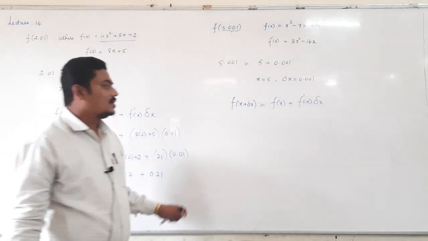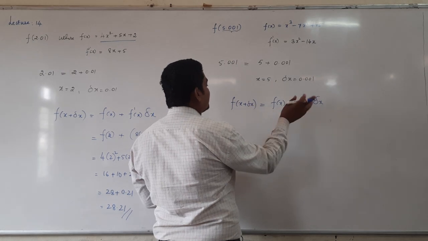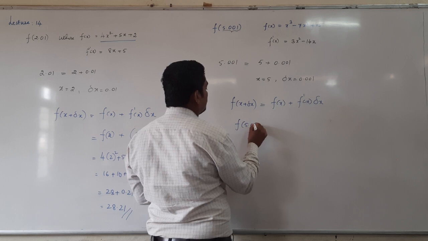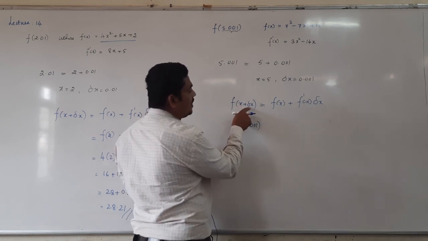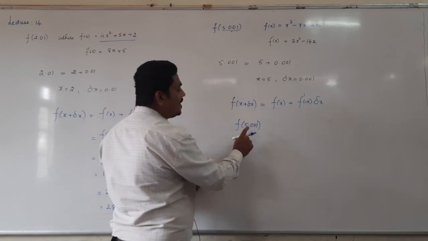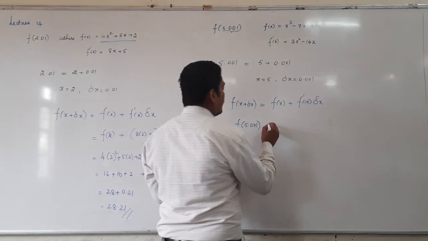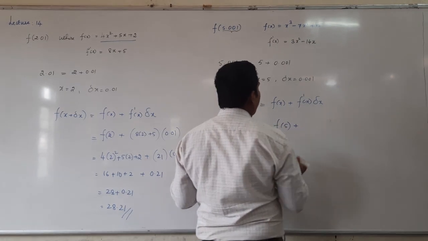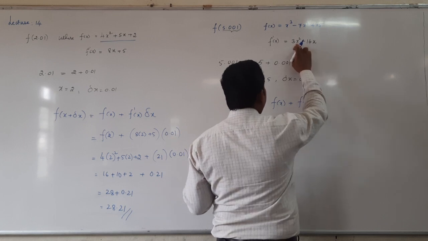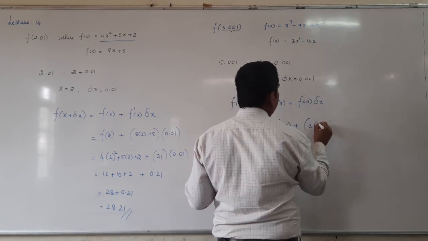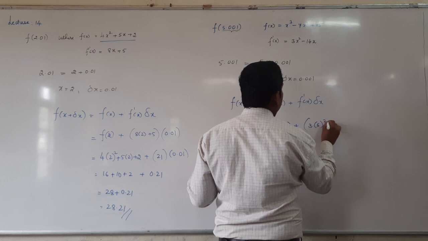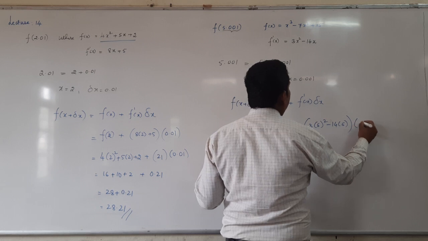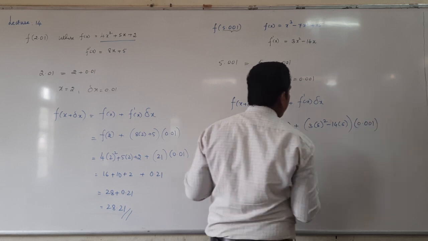Use this formula. Now replace the x value and delta x value, then it will be f of 5.001. The x value is 5, delta x value is 0.001, so we get f of 5 plus f dash 5 into delta x. f dash x is 3x square minus 14x, so 3 into 5 whole square minus 14 into 5, into delta x, that is 0.001.